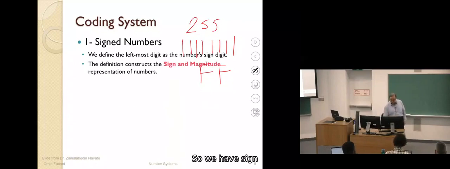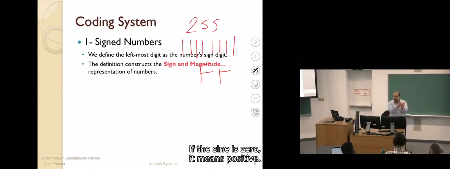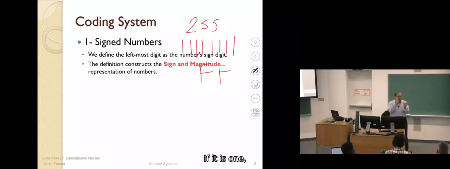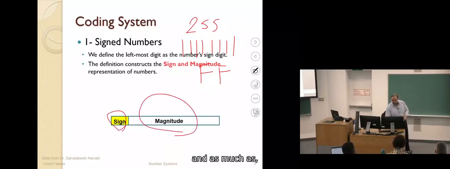So we have sign and magnitude, the sign and the value of the number. If the sign is 0, it means positive. If it is 1, it is negative. Sign and magnitude: 1 bit here, and as many bits as you want here.